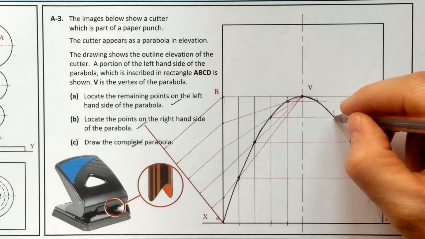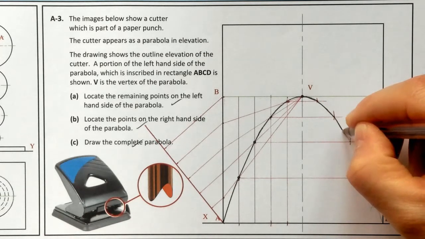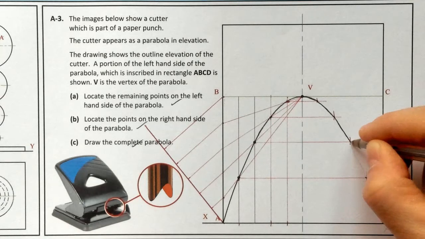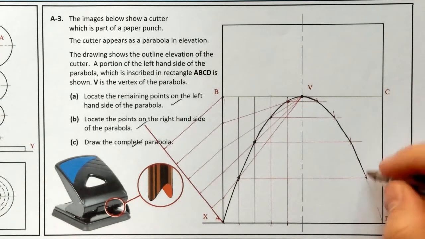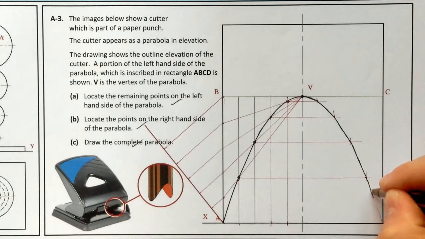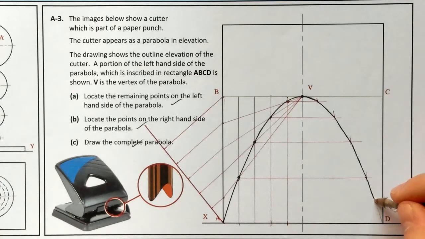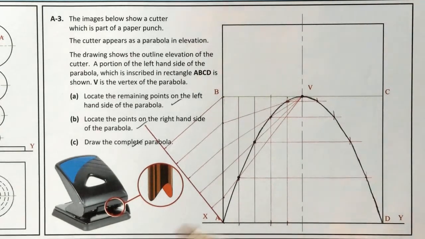Take your time with it, make it presentable for the examiner. Try and do it better than I am in one smooth stroke if you can. And there we have it. Okay, there is our parabola, and that is the cut section obviously of our hole punch. So that is part A3 completed there, guys.